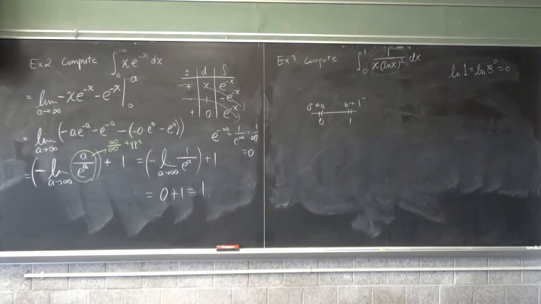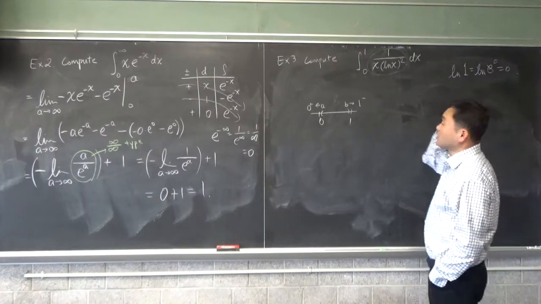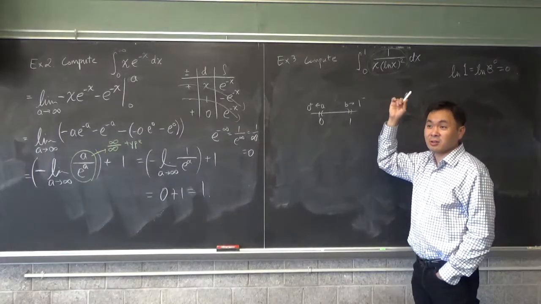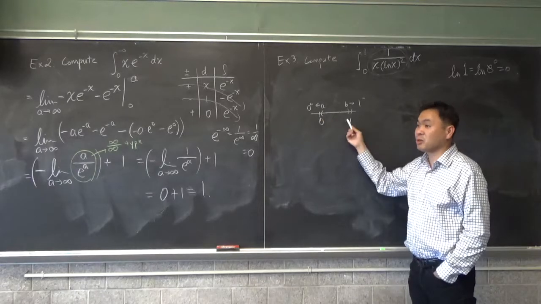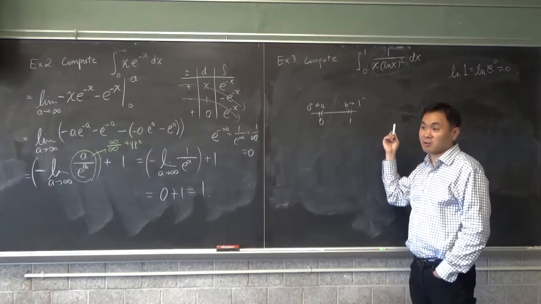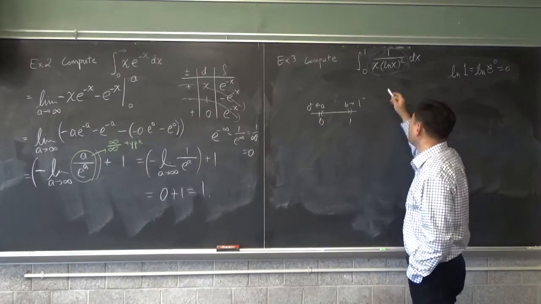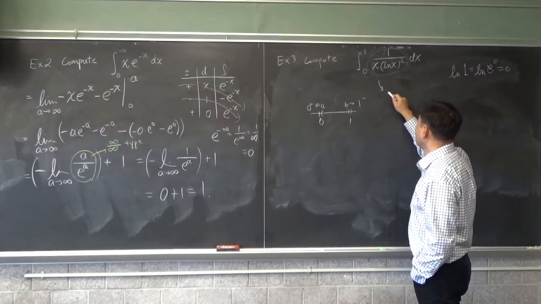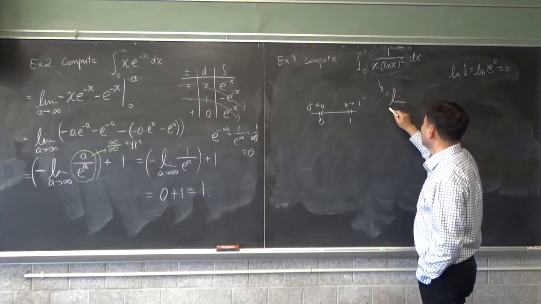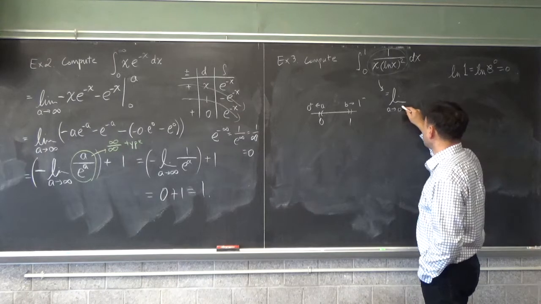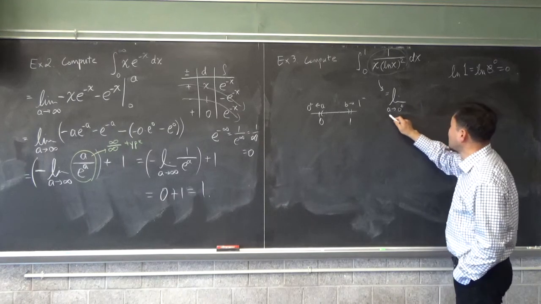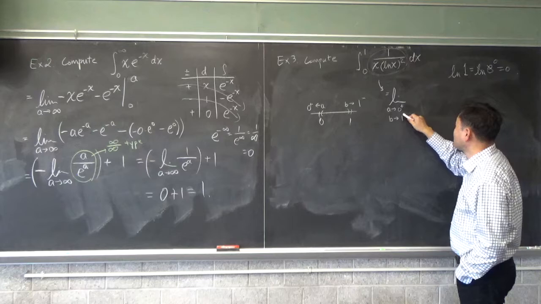So, therefore, although this looks like a regular integral, the two bounds, 0 and 1, must be taken with care. You can't just do it like that. This must be reinterpreted as the limit a going to 0 plus and b going to 1 minus.